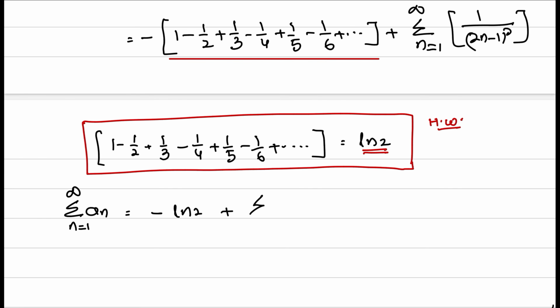Now we have to find out this value, sigma n equal to 1 to infinity 1 by (2n minus 1) whole square. What will be its value?